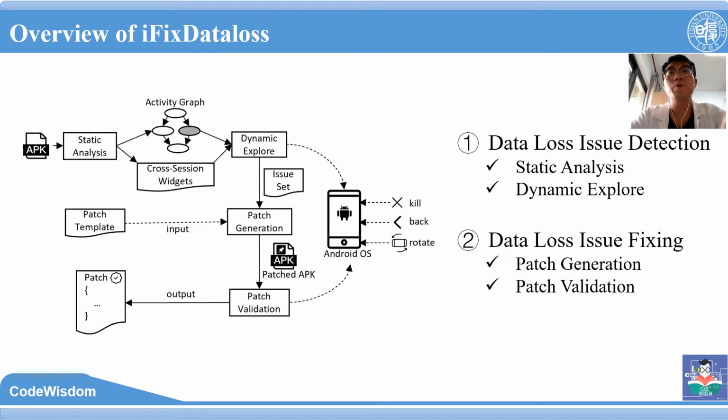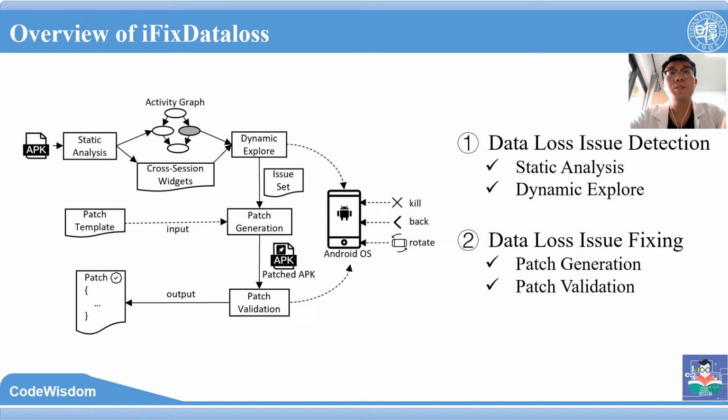This is the overview of our approach. It includes two steps: data loss issue detection and data loss issue fixing. Given an APK under test, iFixDataLoss first uses static analysis and dynamic exploration to identify activities in the app that have data loss issues.